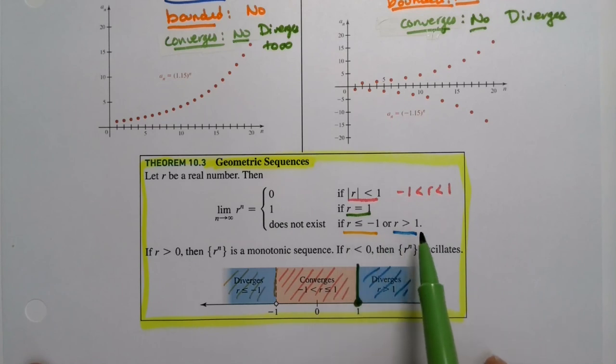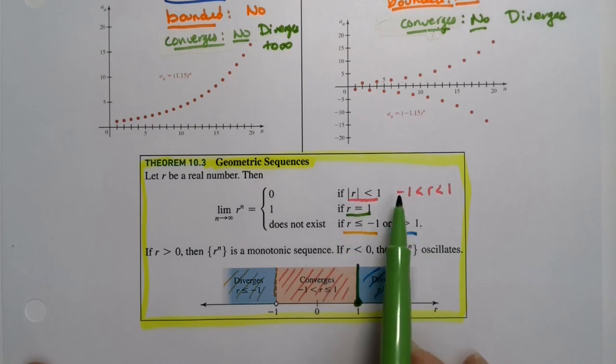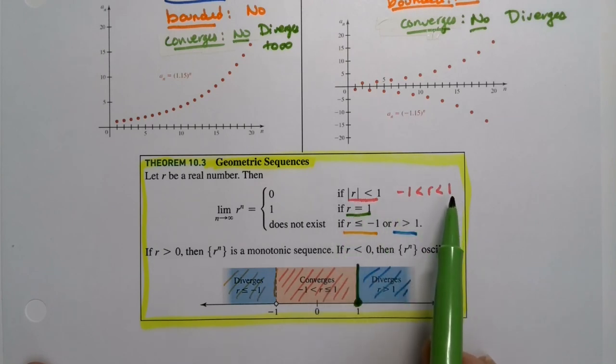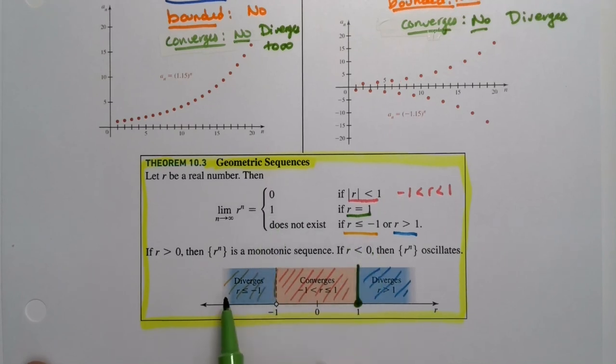So if the ratio that you are multiplying by, r, is between -1 and 1, then that sequence will converge to 0. If it is 1 specifically, it will converge to 1. Any other number, from -1 over and greater than 1, it will diverge. So convergent in here, but not at that spot. Divergent over here and divergent over here.